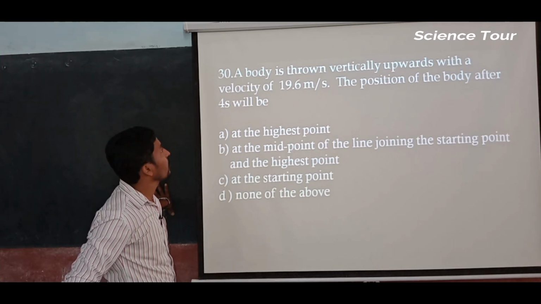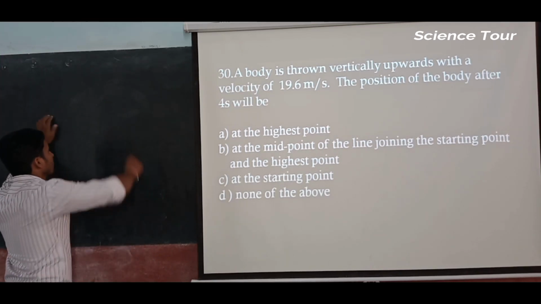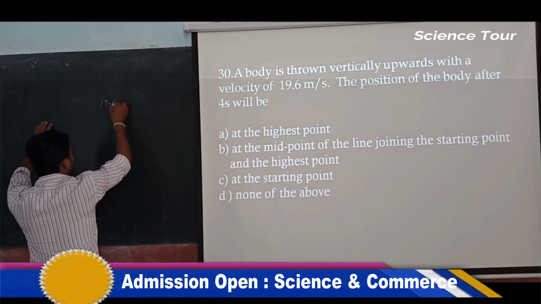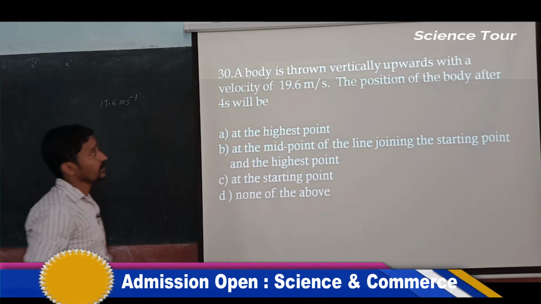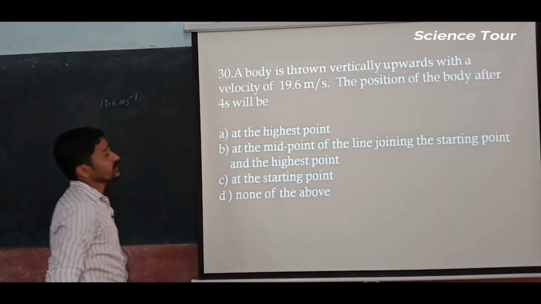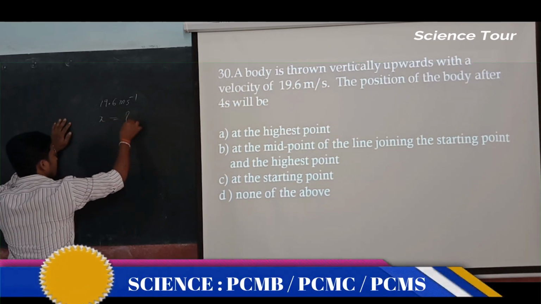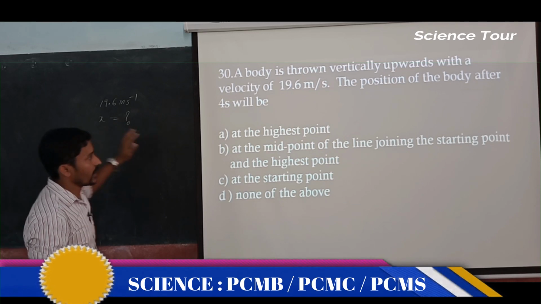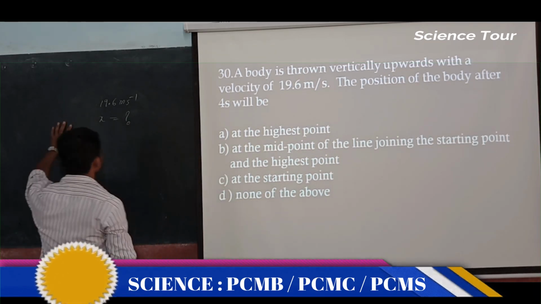Now a body is thrown vertically upwards with a velocity of 19.6 meters per second. With the velocity of 19.6 meters per second, the position of the body after 4 seconds will be at the highest point, lowest point, whatever the option is given, we will find out first.